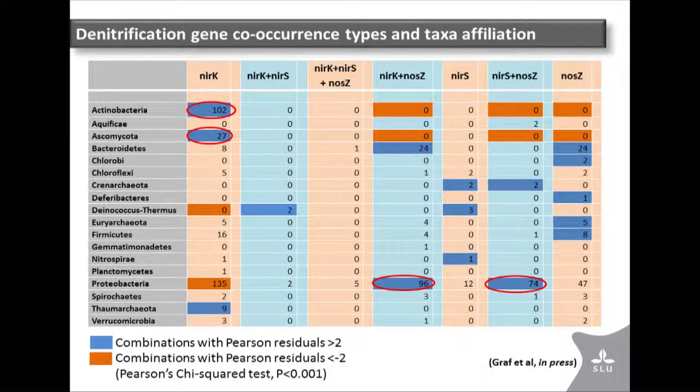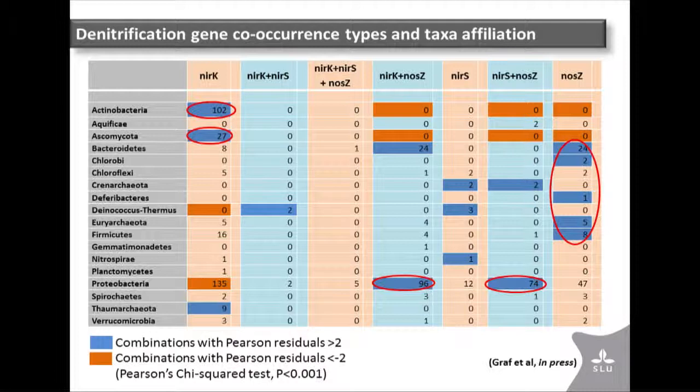And we see here the ones that have only nirK, so no capacity of nitrous oxide reduction, they are overrepresented among the Actinobacteria, but also among the Ascomycota. So potentially these are producing a lot of nitrous oxide. And then as an example of those that have only nosZ, we see that this type is overrepresented among Bacteroidetes, but also Euryarchaeota and Firmicutes as an example.